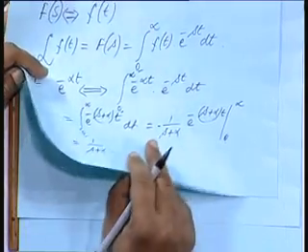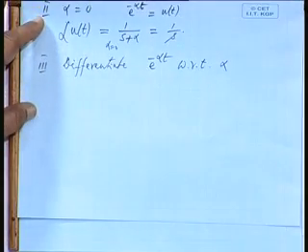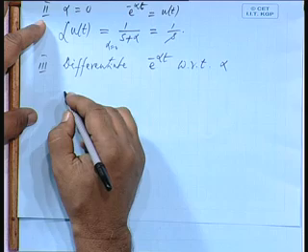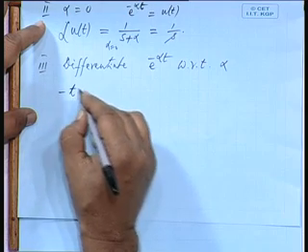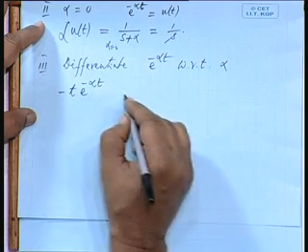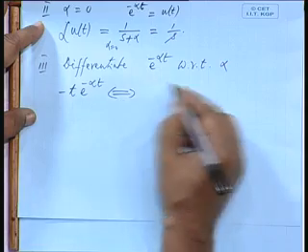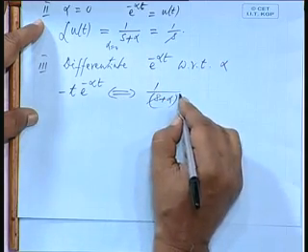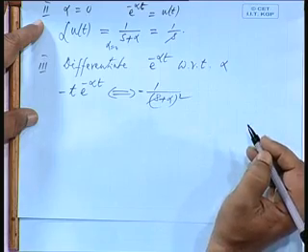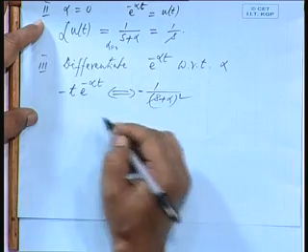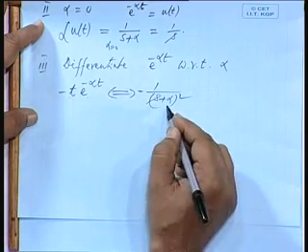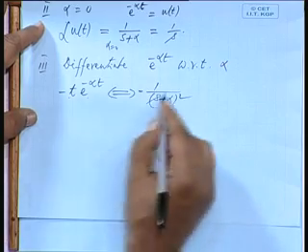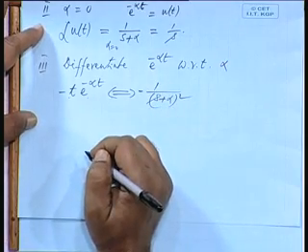So, let us differentiate with respect to alpha. The left hand side will be minus t into e to the power minus alpha t, and on this side it will be minus 1 by s plus alpha whole square. Minus goes out. So, t into e to the power minus alpha t will have a transform 1 by s plus alpha whole square.